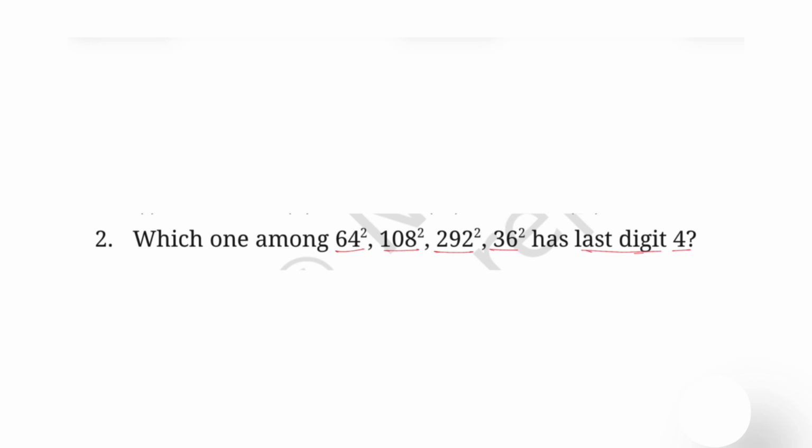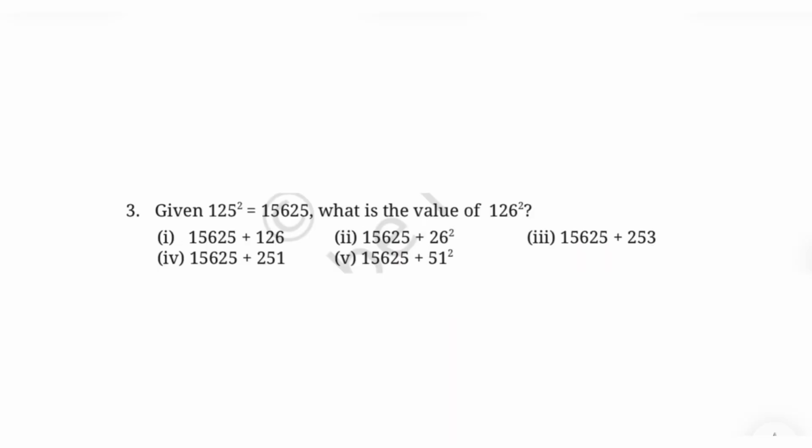We have already read properties of square numbers in previous videos, and if you have not seen my previous videos, please watch it. We know that if a number ends with 2 or 8, then its square ends with 4. So here answer is 108 square, as 108 ends with digit 8. And 292 square because 292 ends with digit 2.